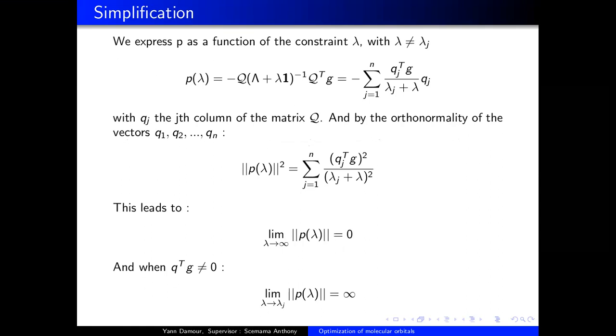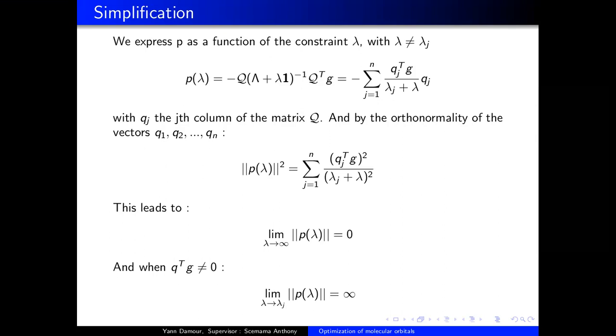The properties of this function of P are that when lambda, the Lagrange multiplier, tends towards infinity, P is equal to 0. But if the Lagrange multiplier tends towards an eigenvalue, the norm of P is equal to infinity.